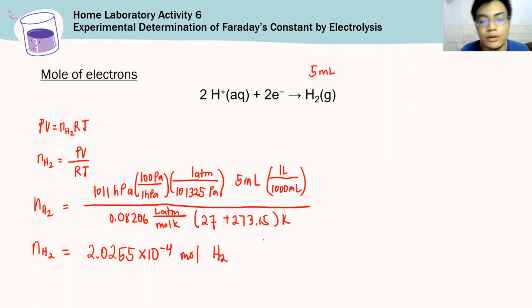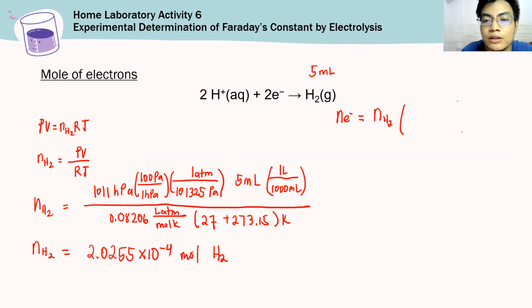But remember, in our equation for solving the Faraday's constant, we need the mole of the electron, not the mole of the hydrogen gas, right? So we need to convert the mole of hydrogen gas into the mole of electron. And in order for us to do that, we can do stoichiometry. So let's say we are solving for the mole of electrons, and we are given the mole of the hydrogen gas.